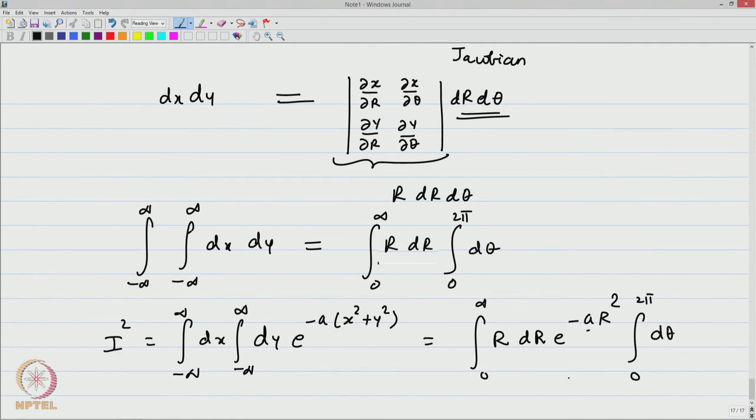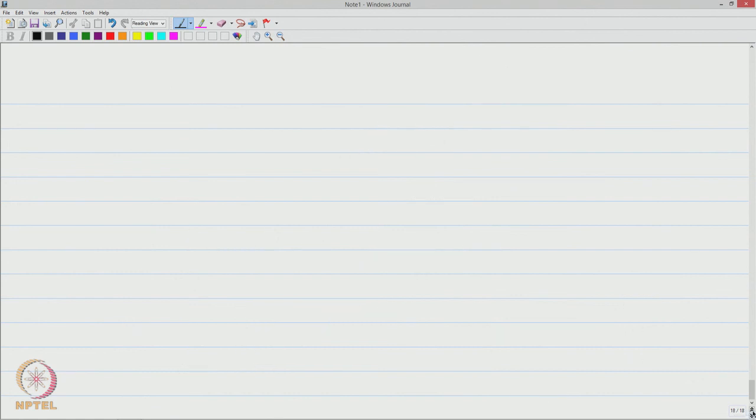There is no theta dependence here, therefore, this gives you 2 pi. This is the origin of the pi: I square is proportional to 2 pi, and this integral, if you calculate, you will get the answer 1 by 2a. Okay. Therefore, the integral I square is 2 pi by 2a, and that is pi by a. Therefore, what is the integral I? It is root pi by a.